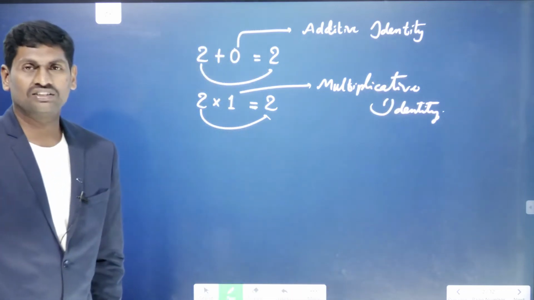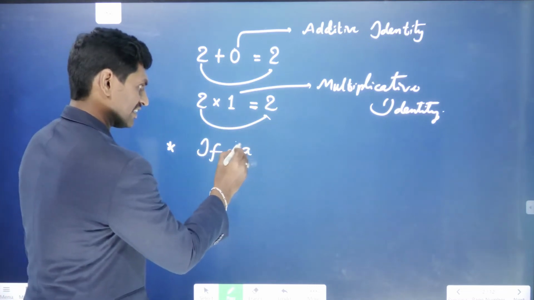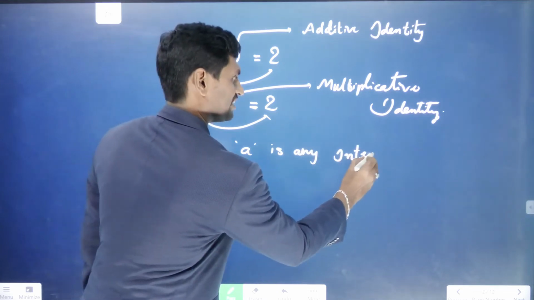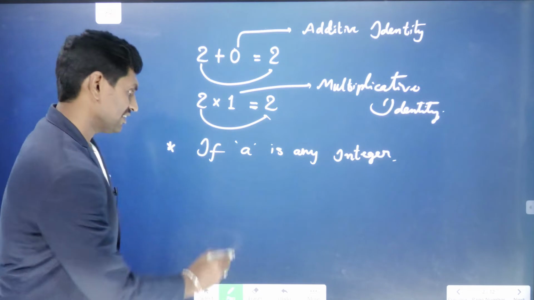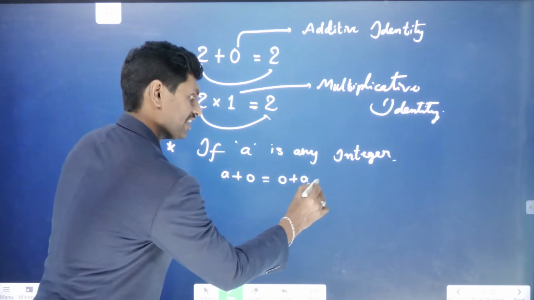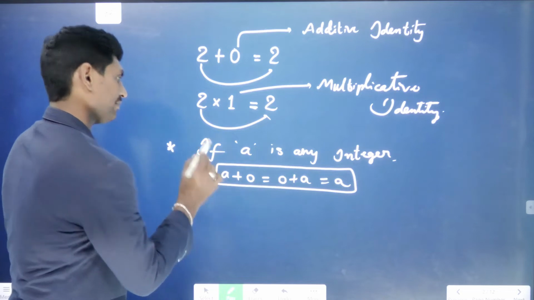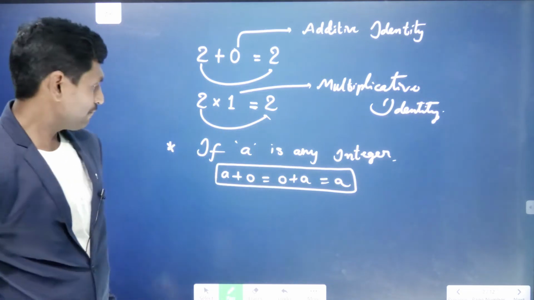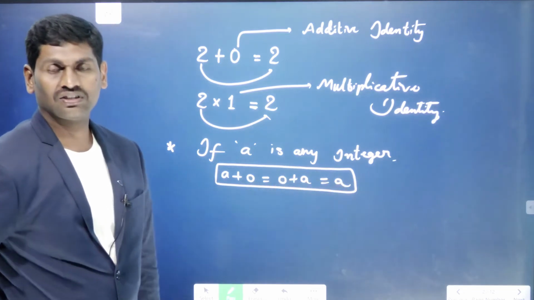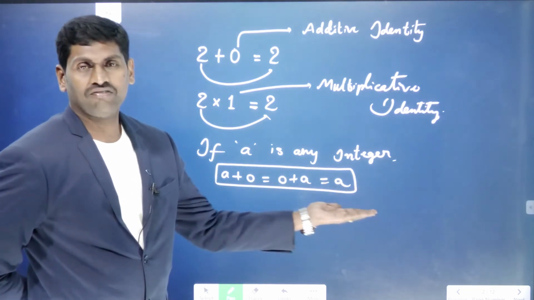The actual definition of the identity property is: if A is any integer, A plus 0 equals 0 plus A equals A. For any integer A, when it is added to 0, the answer is the same integer.